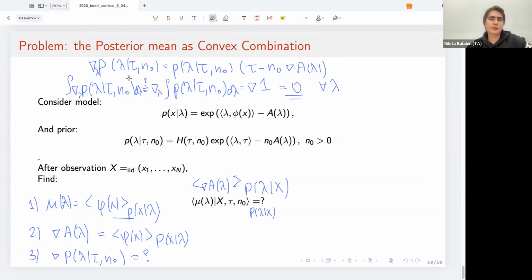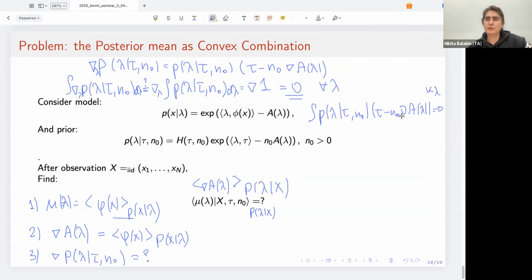If we substitute, we see such an equation, and it should be 0 for all lambdas.